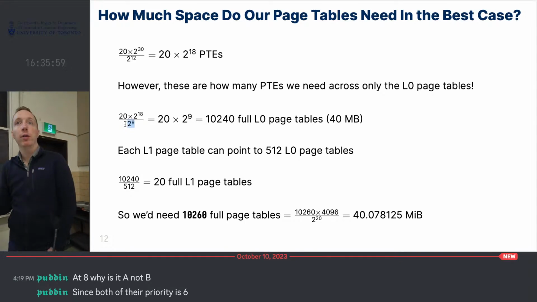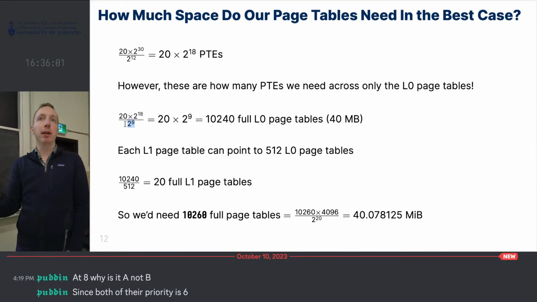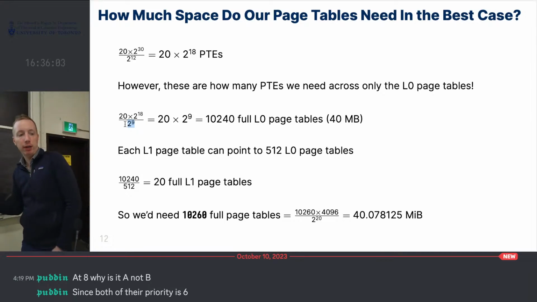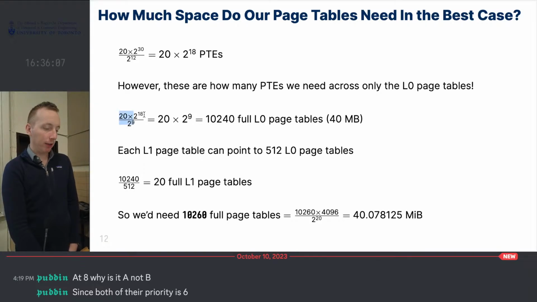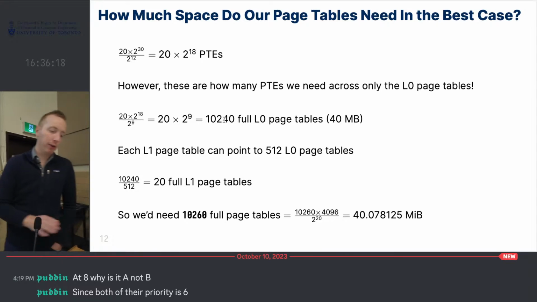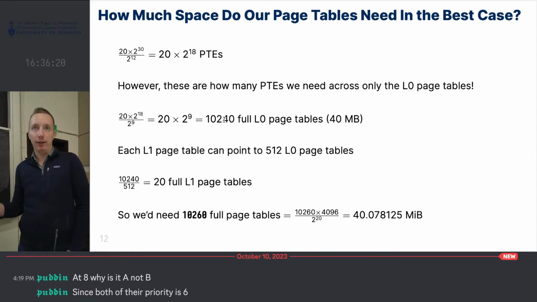So this is 2 to the 9 because we only have 9 bits to figure out each index on a page table with our systems. So if I just do the math on this, it just becomes 20 times 2 to the 9. And if I write out the answer, that means we have 10,240 full L0 page tables in the best case.